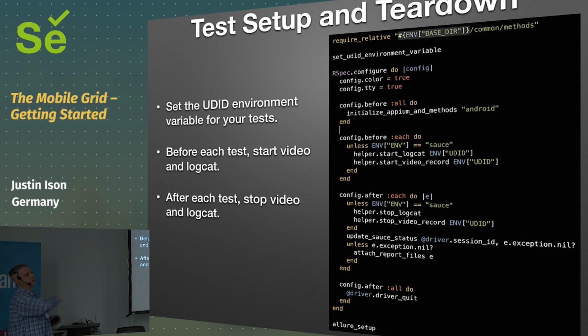We don't want to record the whole session of your setup and your teardown. Really, it's just the small space that we're actually testing, and that is what we'll attach to the report. And then I only attach output on failures. If the test passes, I don't really care, but it's really up to you. If you want to always attach things, you can.